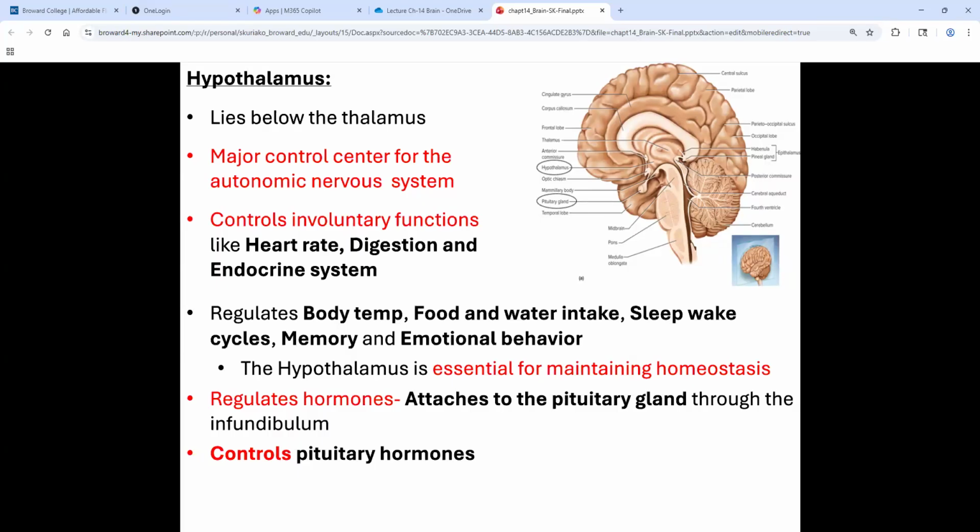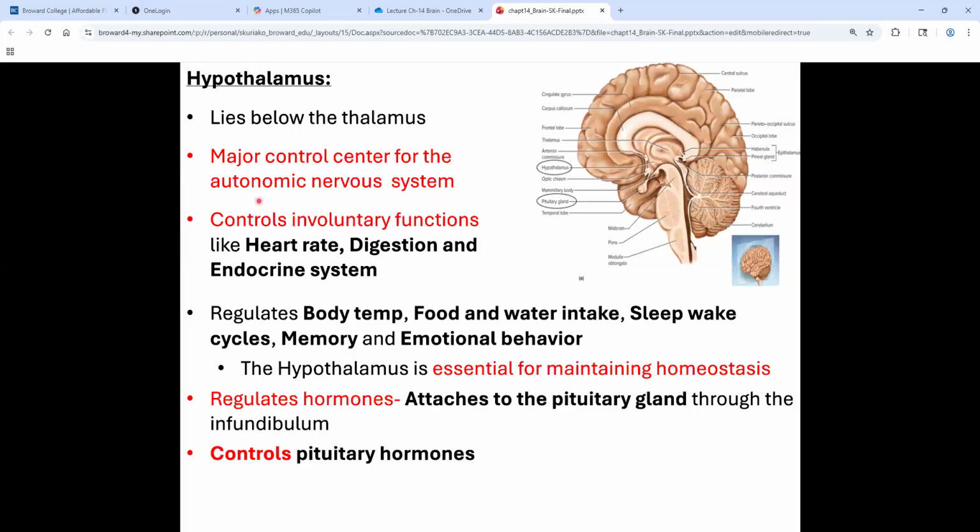Hypothalamus, hypo means below. So it's below the thalamus. The main function of the hypothalamus is it controls the autonomic nervous system. I think that will be my next chapter. Chapter 15 is the autonomic nervous system. What do you mean by autonomic nervous system? It's a nervous system which is involved in the fight or flight.